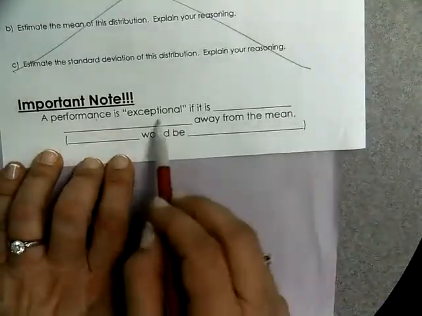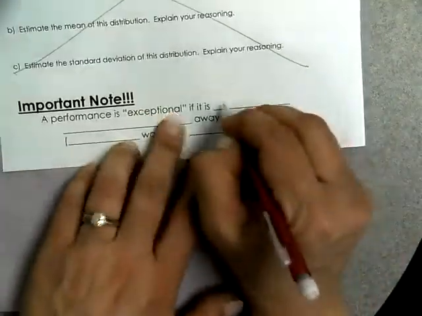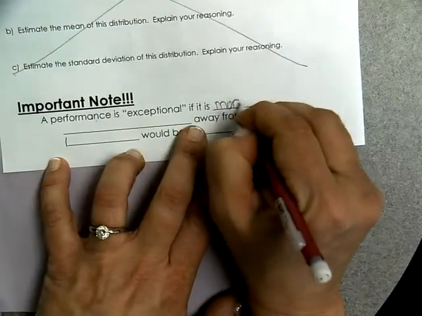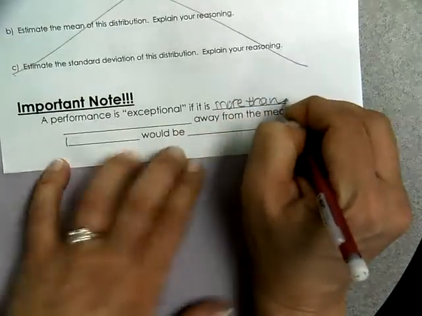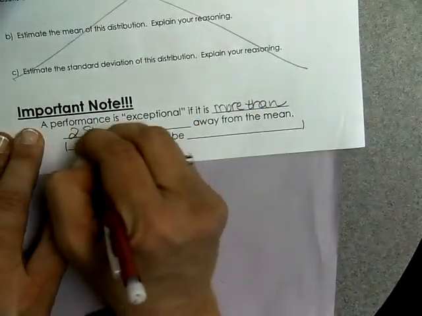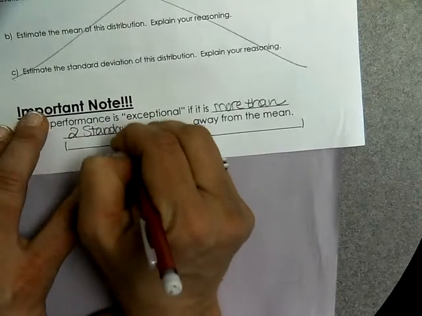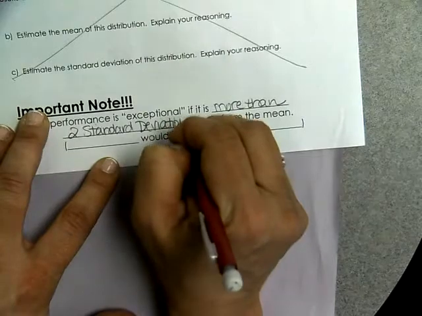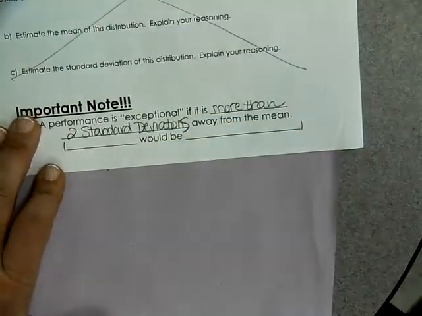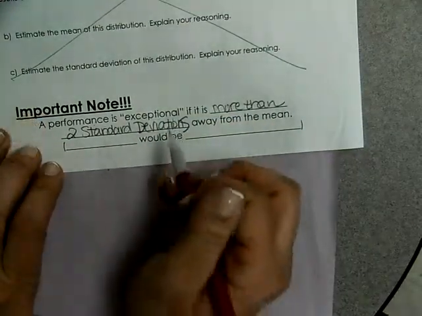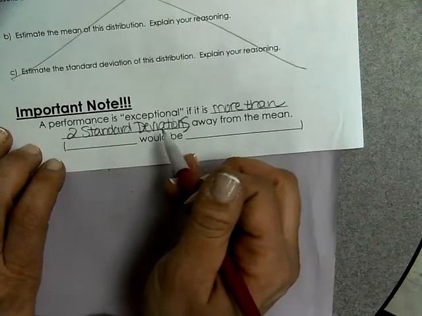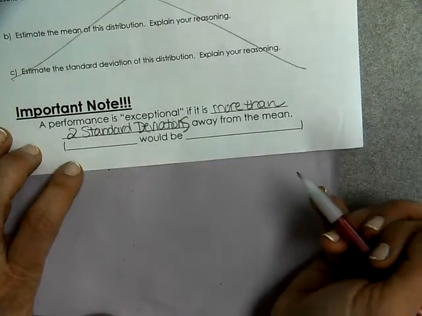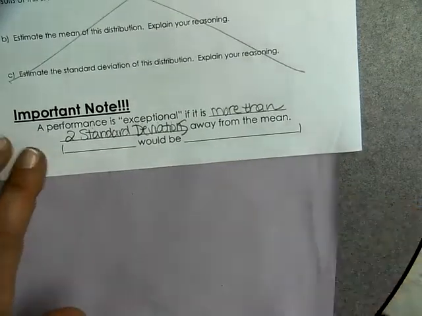A performance is exceptional if it is more than 2 standard deviations away from the mean. Okay? So anything is considered exceptional if it's more than 2 standard deviations away from the mean.